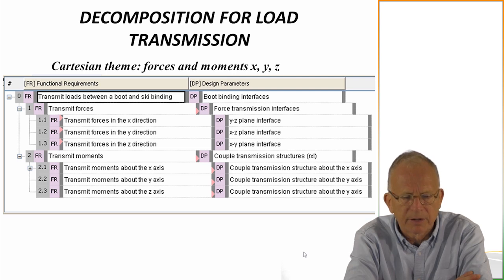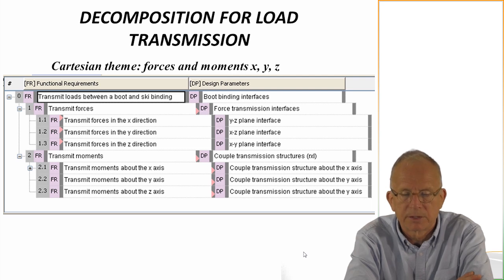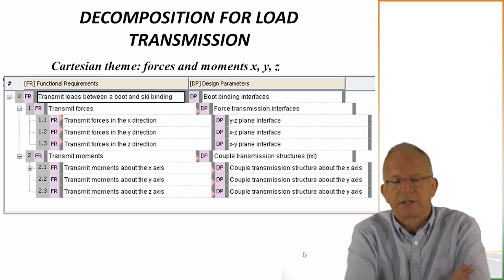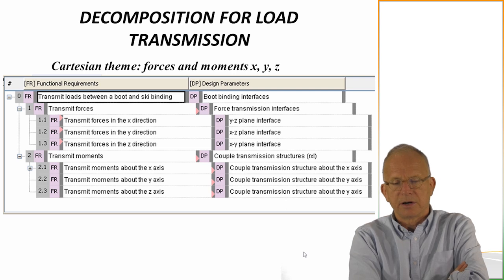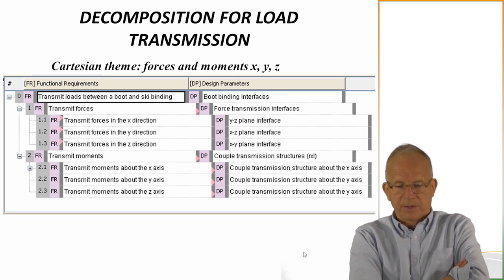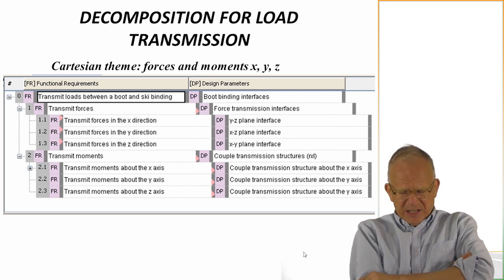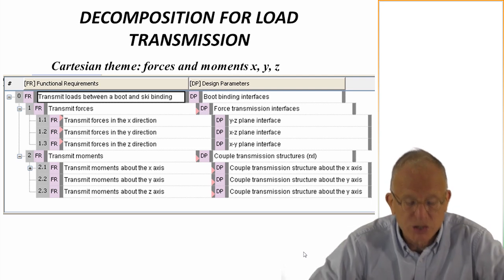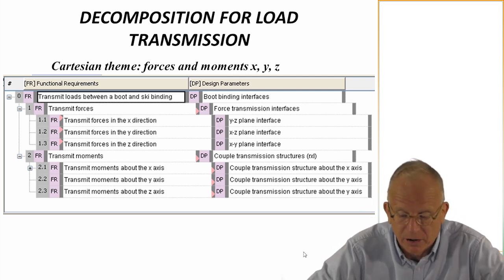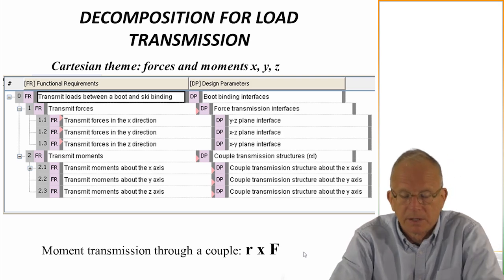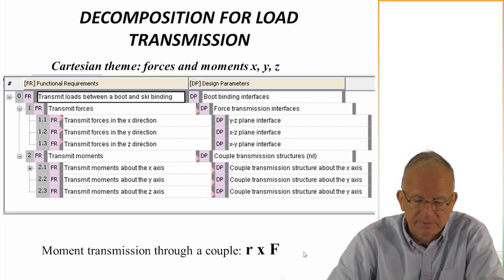So the upper level, FR1, is transmit forces, and FR2 is transmit moments. And so in both cases, there are interfaces or structures for transmitting these. The moment definitely needs a structure because you need a lever arm and a force, like this, R cross F.